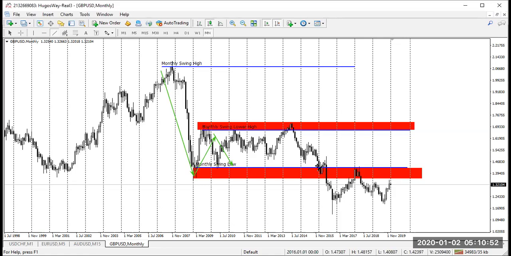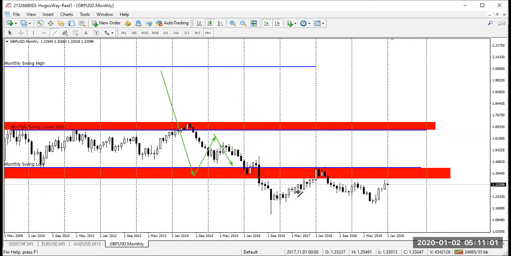Okay, so by that, I simply mean here finding this swing low, I'm going to look at this last bearish candle here and find the close here at 1.22424. Everybody see that?